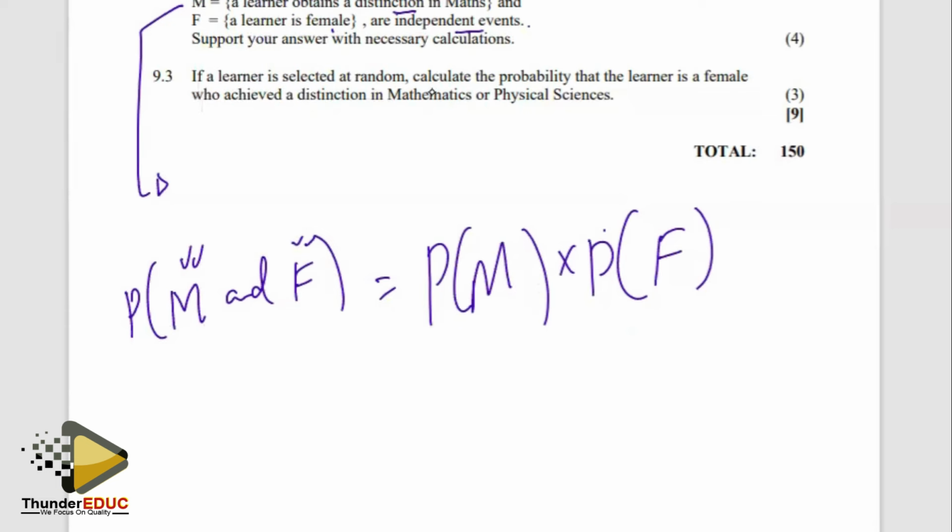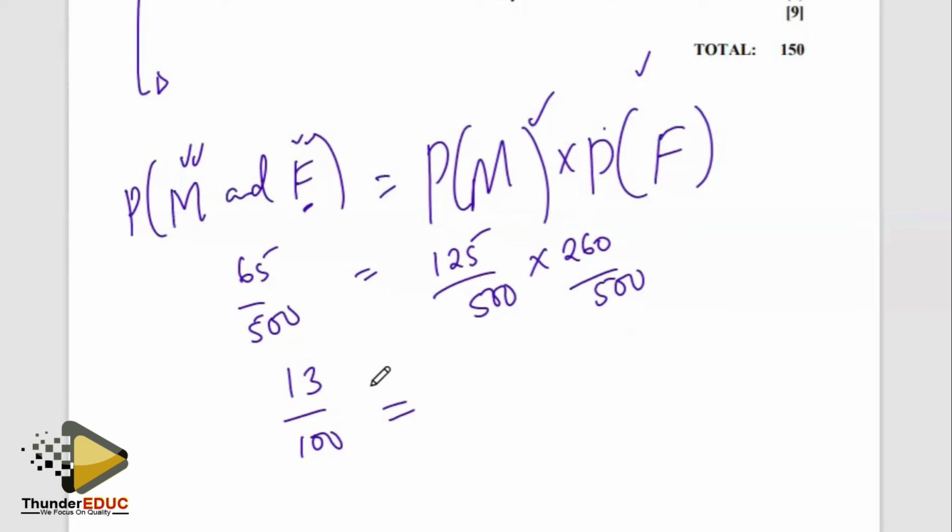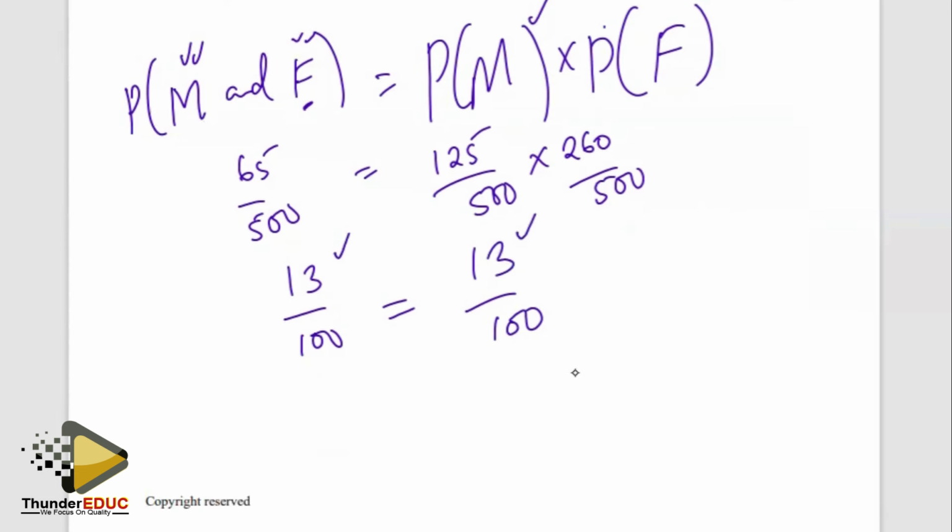So if I look at the left-hand side and then simplify that, I'm getting 13 over 100. When I look at the right-hand side, 125 over 500 multiplied by 260 over 500, that is giving me 13 over 100. Now, I can see that the left-hand side and the right-hand side are equal to each other.